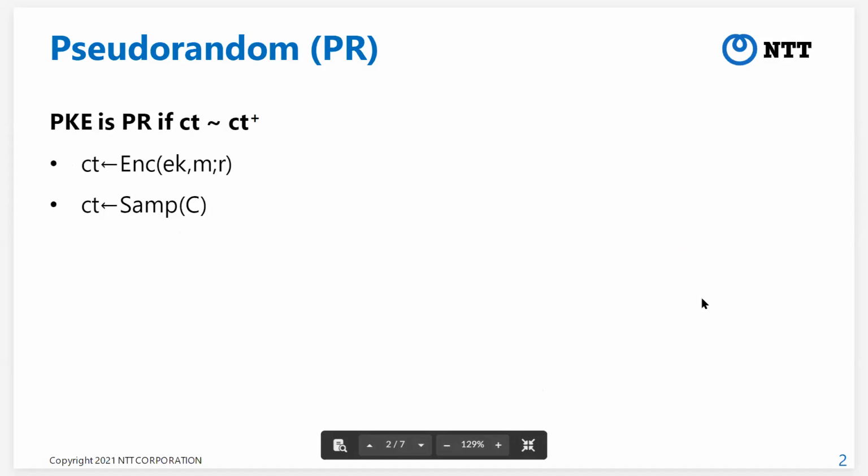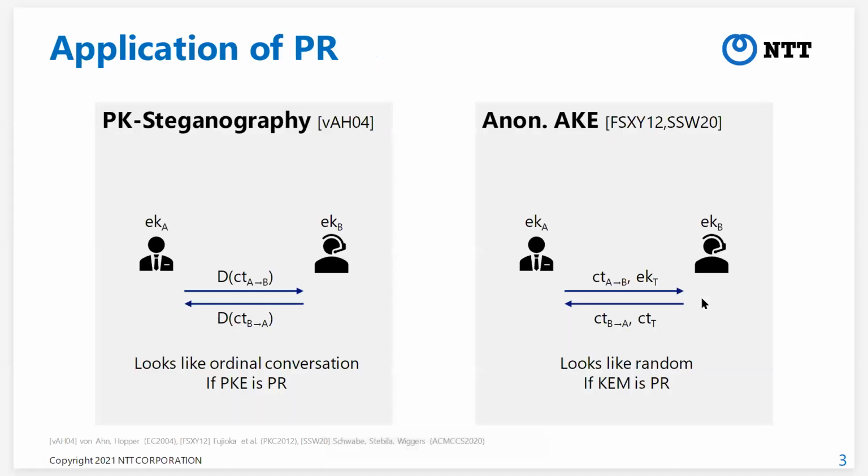So what are the applications of this pseudo-randomness? I want to introduce two applications. One is public key steganography. Steganography means these two parties send ciphertexts, but those ciphertexts look like ordinary conversation if the PKE is pseudo-random.